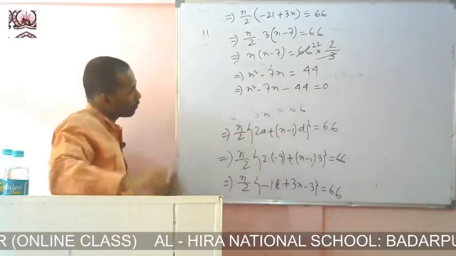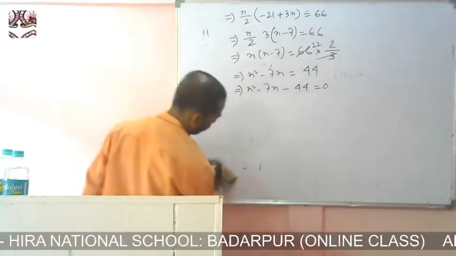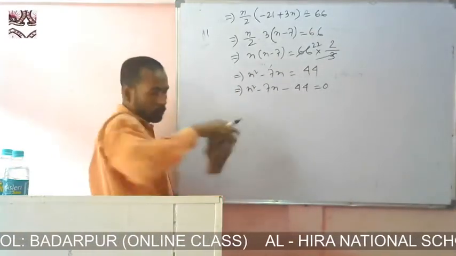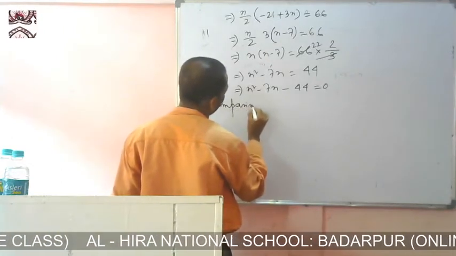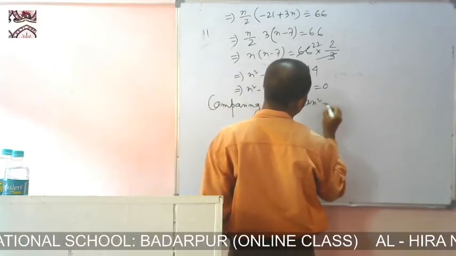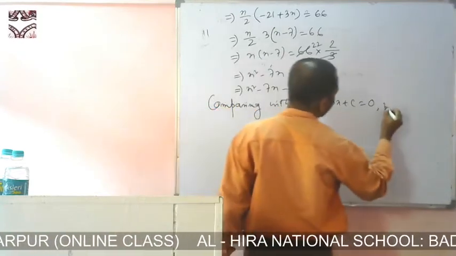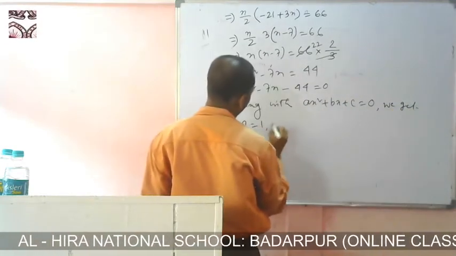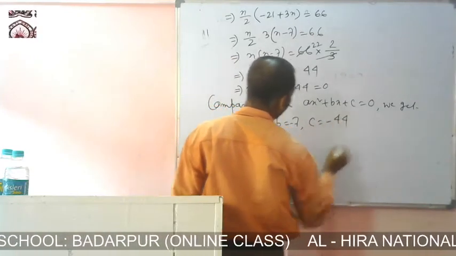And comparing with ax square plus bx plus c is equal to 0, we get a is equal to 1, b is equal to minus 7, c is equal to minus 44.